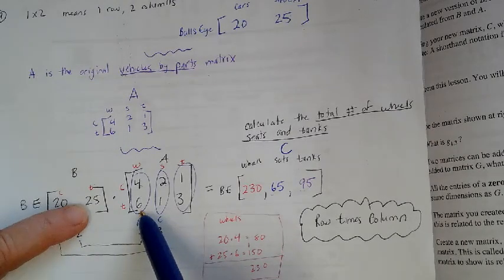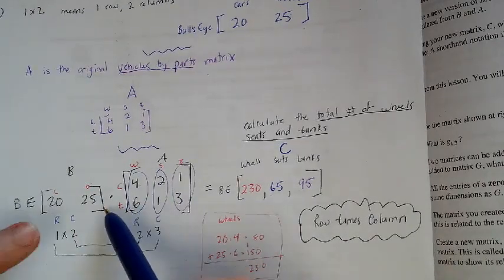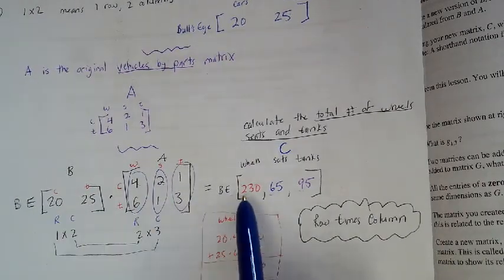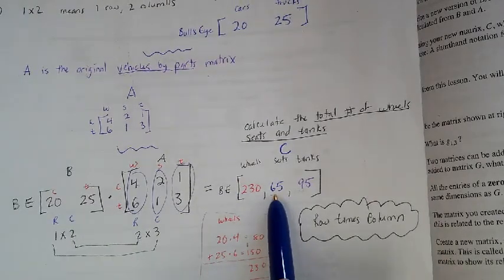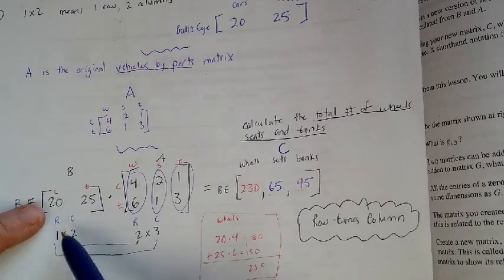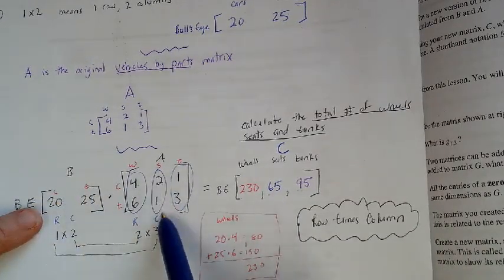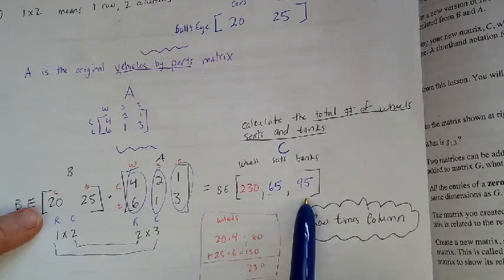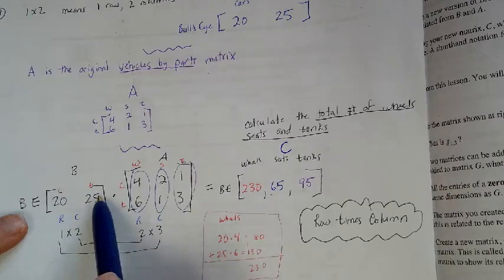And so all this came from this column and this row. And then this 65 came from this column right here and this row. And 95 came from, well, they all came from this column because there's only one column, and this row.